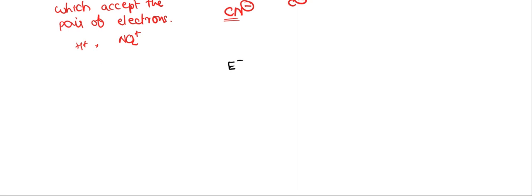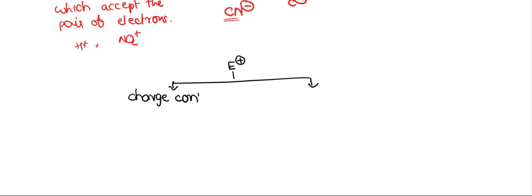E plus is divided into two types: the first one is charge containing species, and the second is neutral species. Neutral species also will act.